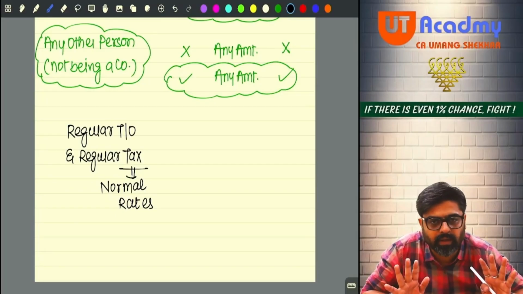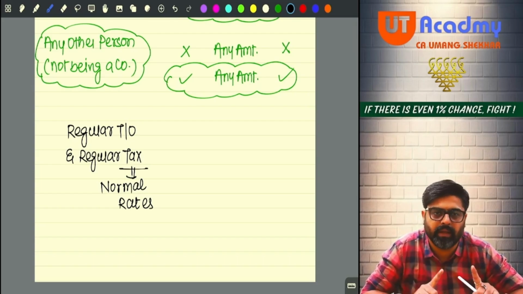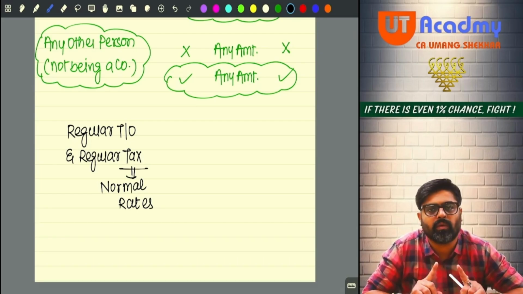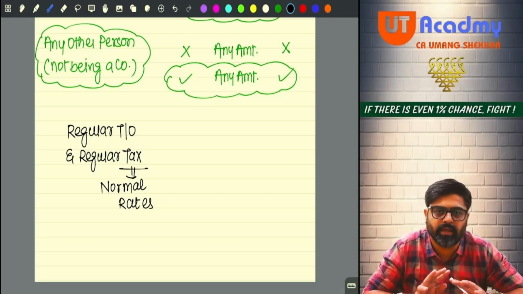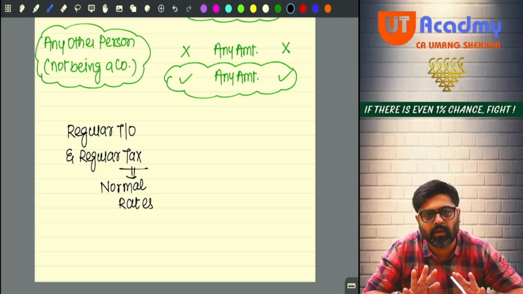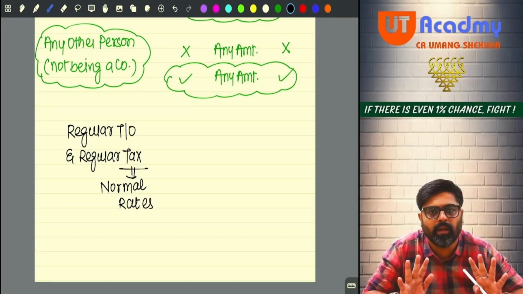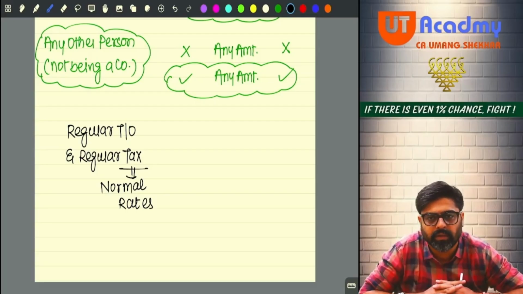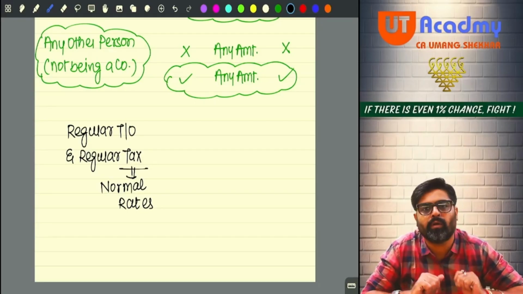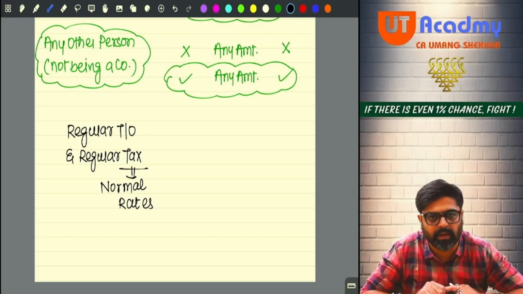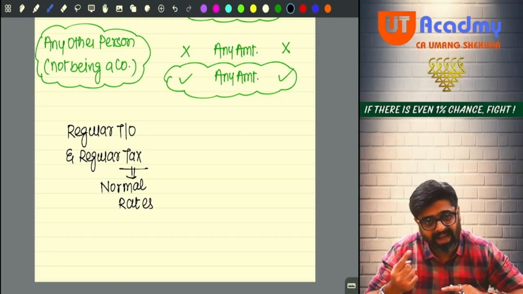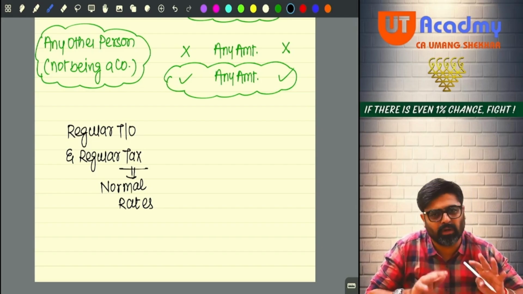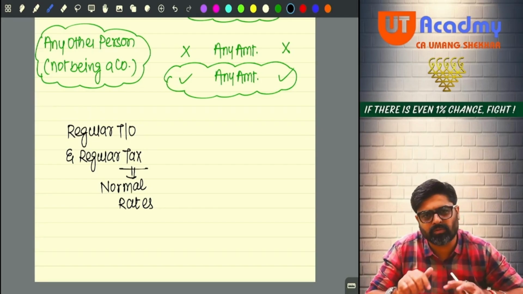Under 115BAC, simply calculate your total income and your tax liability as per 115BAC. That's it. No need to calculate alternate minimum tax, because AMT provisions are not applicable if you follow 115BAC. But if you don't follow 115BAC, you will calculate your regular total income. While calculating it, if you have taken any of these three deductions, then after claiming them, whatever may be your total income, AMT provisions will be applicable.